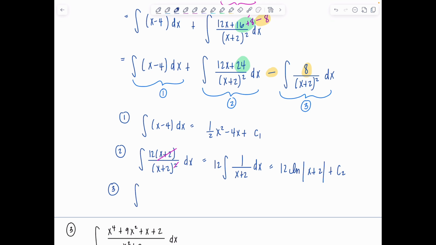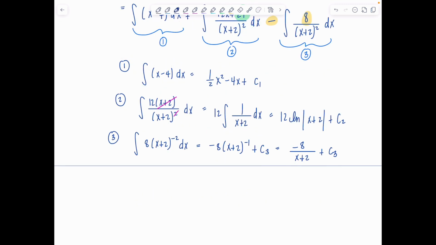We have 8, let me write it as x plus 2 to the negative second to kind of help you. So when we integrate, we add 1 to the exponent, divide by the new exponent. So it's going to be negative 8 times x plus 2 to the negative first plus c3. Or negative 8 over x plus 2 plus c3.